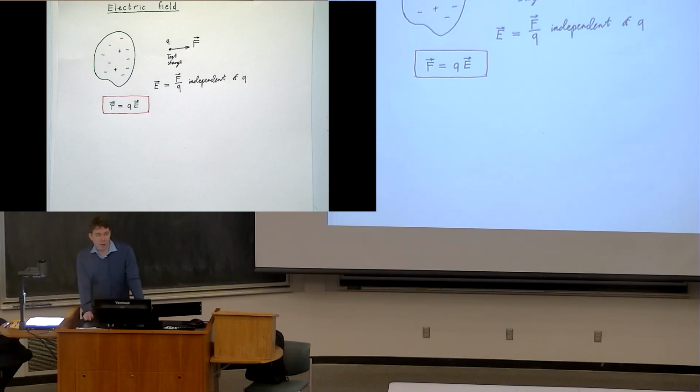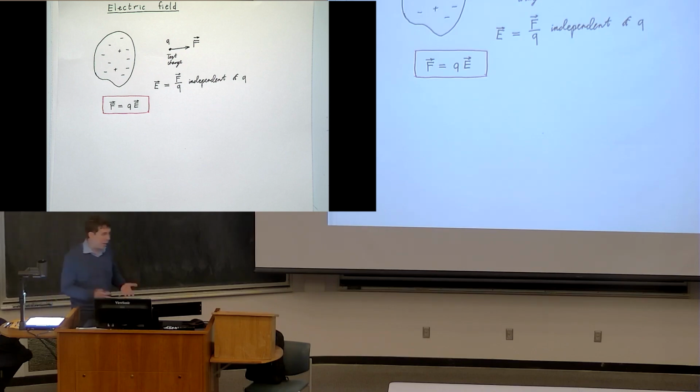And last quarter in physics 5A, you talked perhaps about gravitational fields. Well, you may or may not have. If you haven't, it's all right. Don't panic. It's not strictly speaking needed, or could be just revised relatively easily.